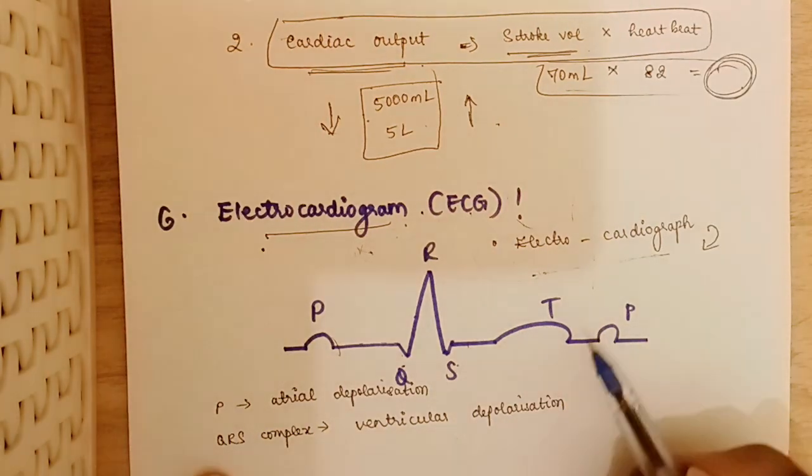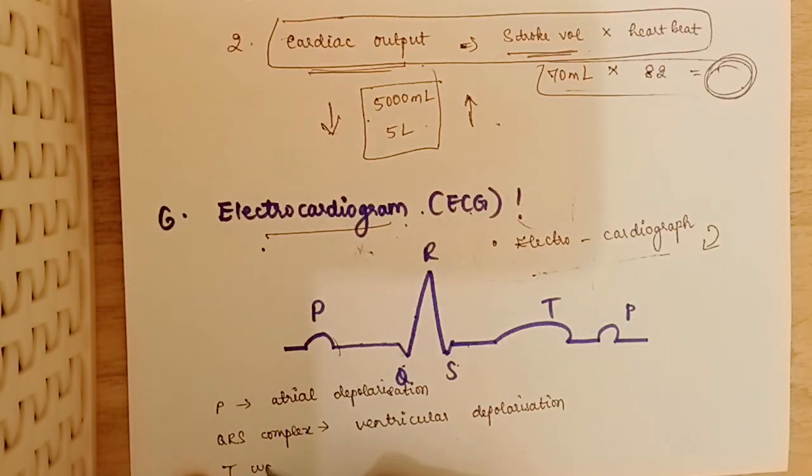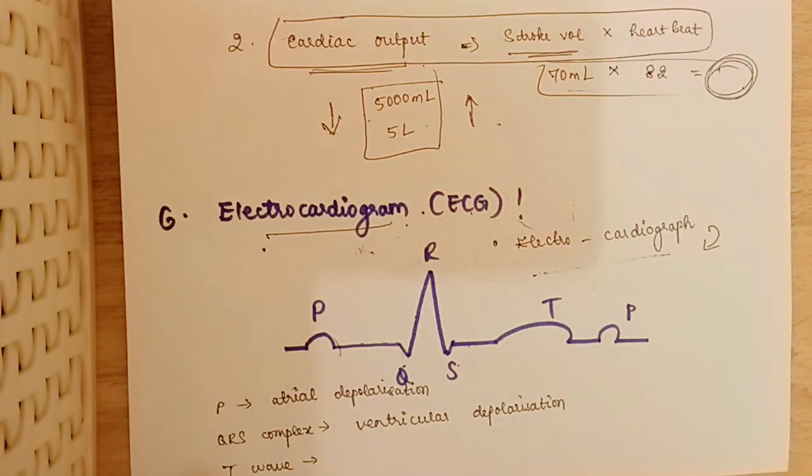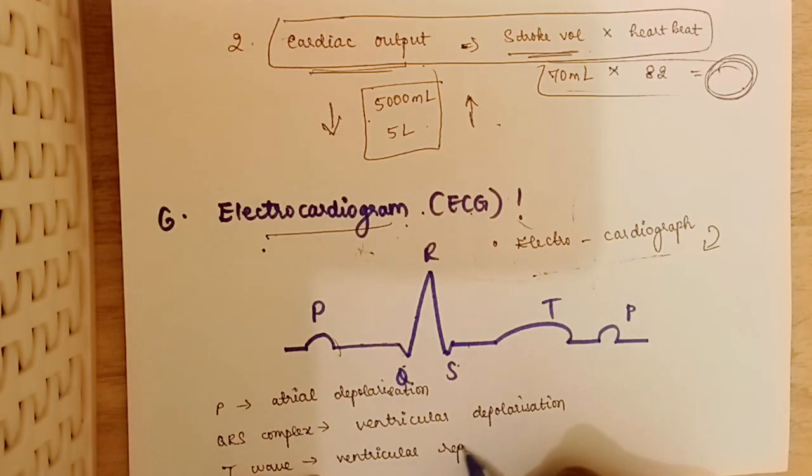Now what is T? The T wave. Again, the T wave represents the return of the ventricles from excited to normal, or ventricular repolarization. So there is depolarization and repolarization.